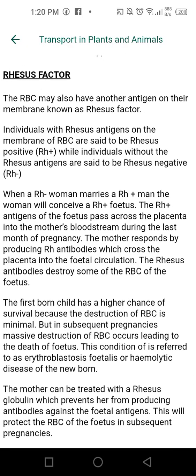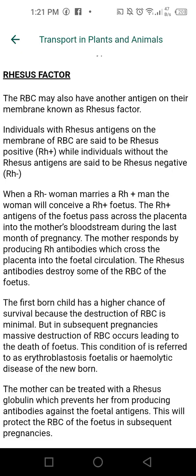The Rh+ antigens of the fetus pass across the placenta into the mother's bloodstream during the last month of pregnancy. The mother responds by producing Rh antibodies which cross the placenta into the fetal circulation. The rhesus antibodies destroy some of the RBC of the fetus.